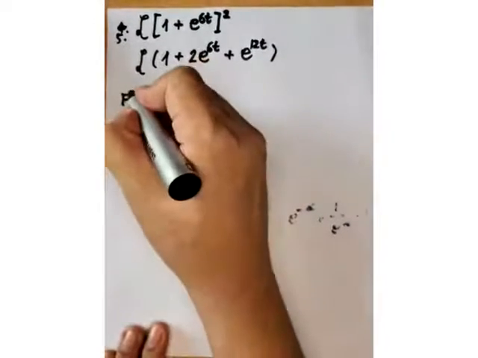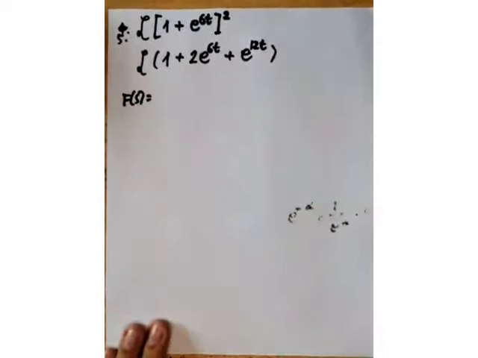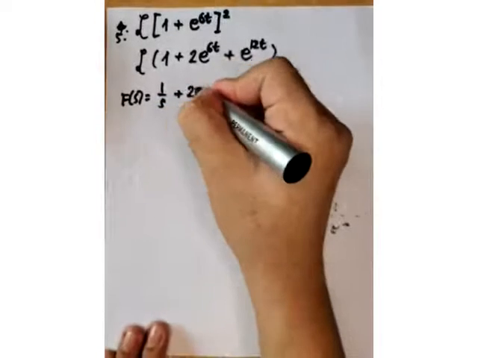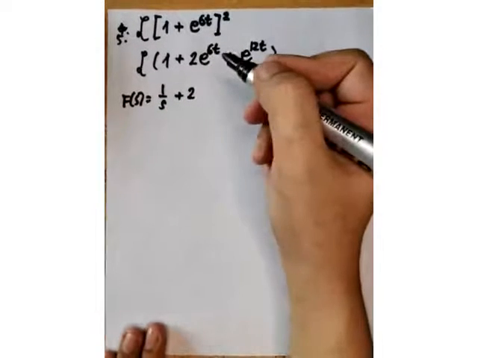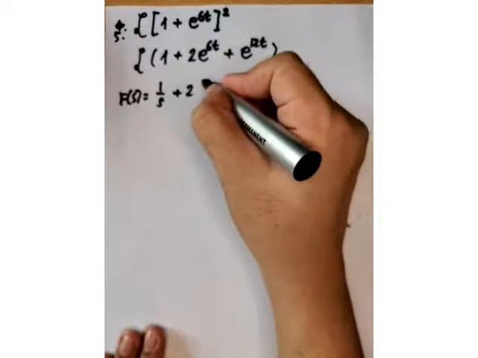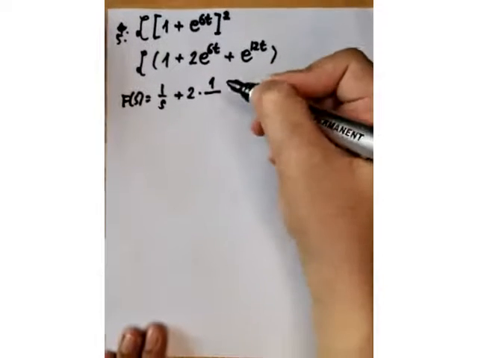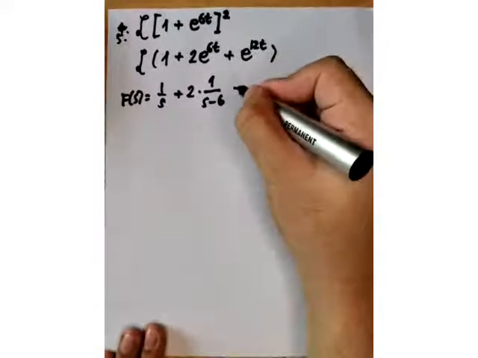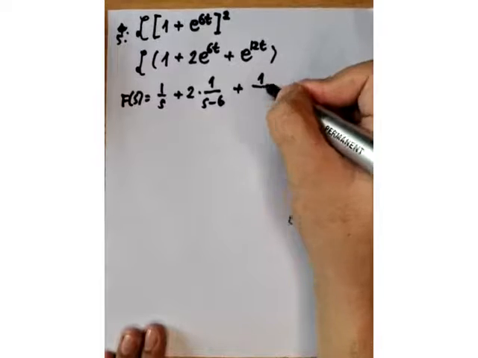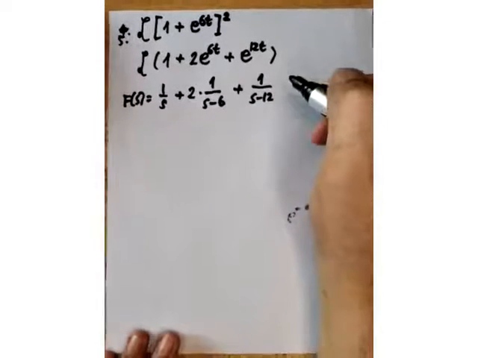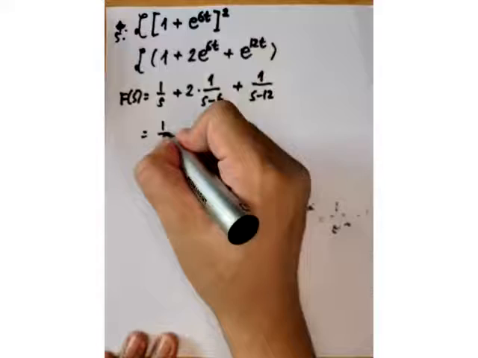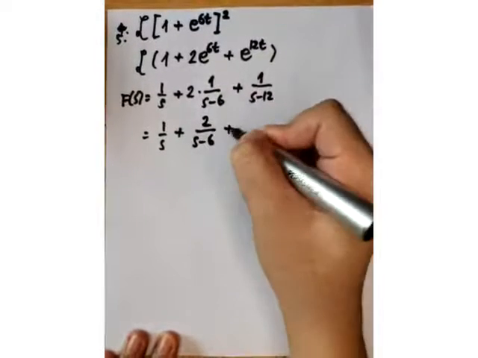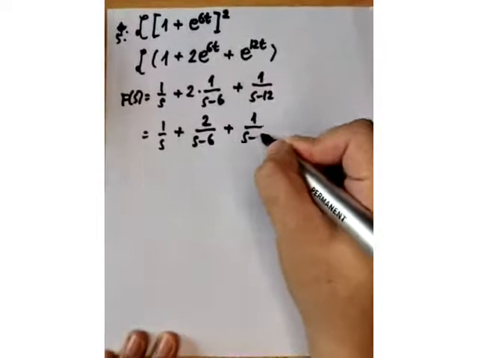So ang function natin nun ay equal siya sa, so constant is 1 over s plus 2, and then this is exponential, times 1 over s minus 6 plus 1 over s minus 12. That's equal to 1 over s plus 2 over s minus 6 plus 1 over s minus 12.